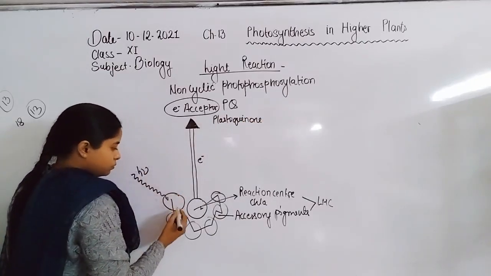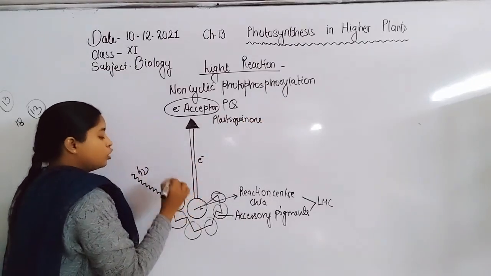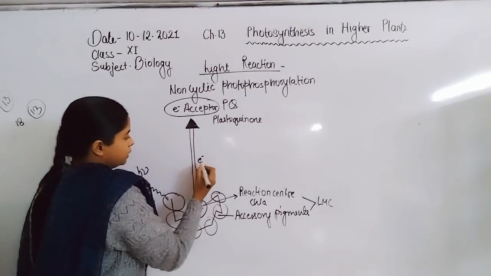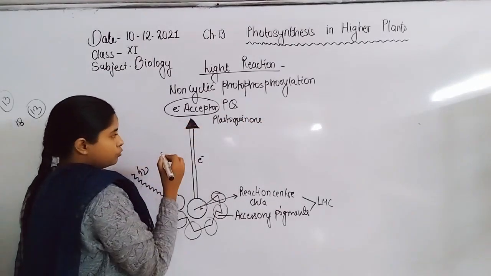The electron moves in an uphill manner and is accepted by plastoquinone.